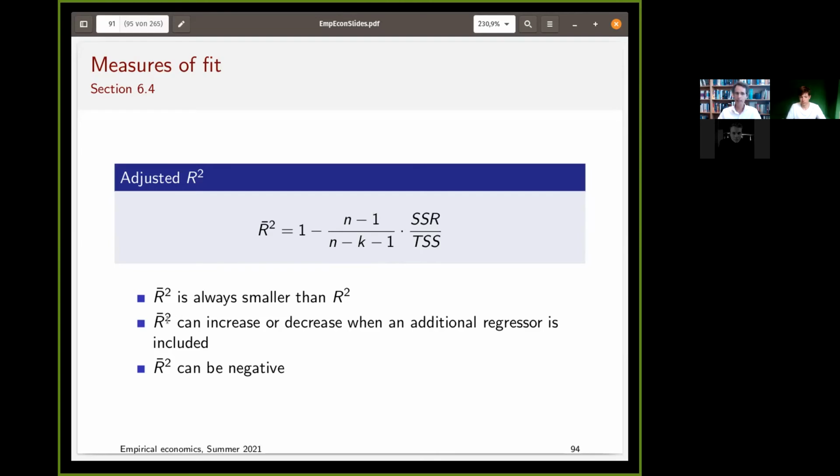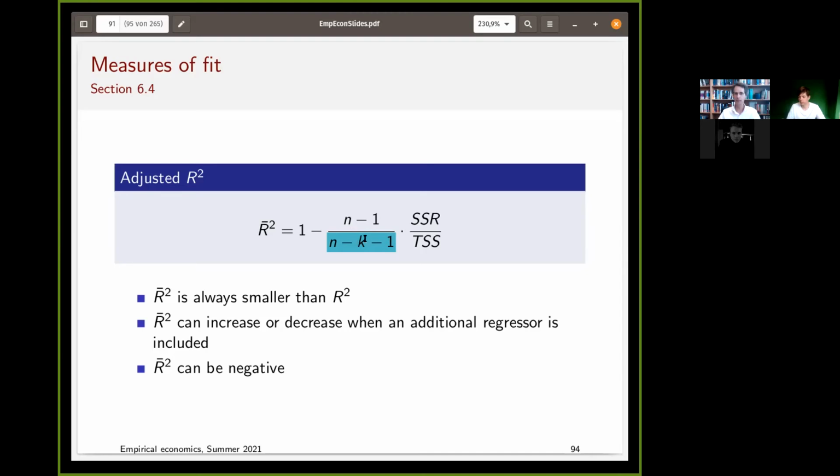The adjusted R squared can increase or decrease if an additional regressor is included. Why is that? Well, if we increase the number of regressors, then k gets larger. If k gets larger, the denominator here gets smaller. Therefore, the fraction gets larger, which means that we subtract more from 1. And therefore, the adjusted R squared tends to be smaller if we increase k.